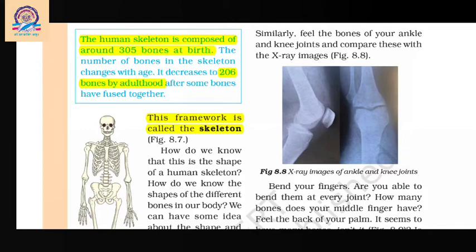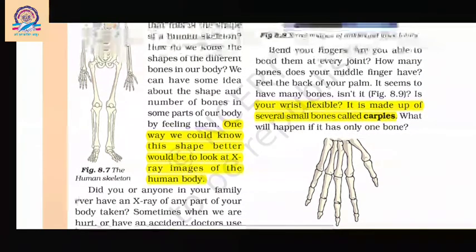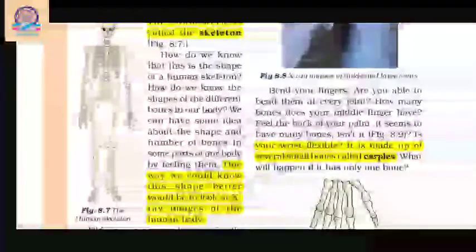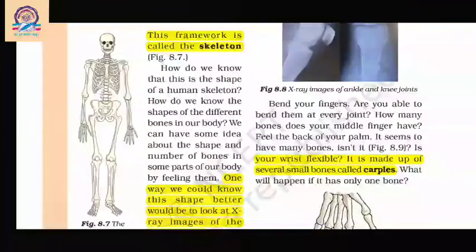Okay, bacha party? Now the next point is, how can we look at our skeleton or our bones? One way to know the shape of our bones is by X-ray images of our human body. Here you can see in figure number 8.7 the human skeleton is given. That is the framework of our body. Every human body looks like this.